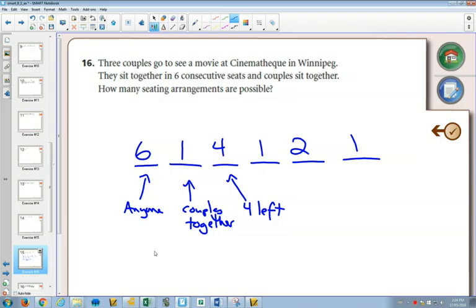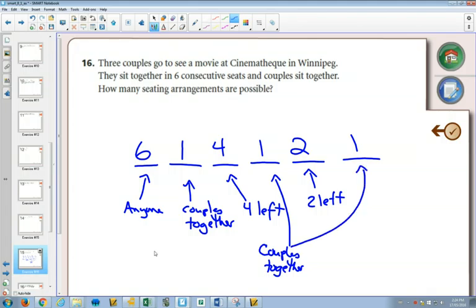Then there's 4 left. And then this one is 1 because the couples have to be together. Two left. And then the couples are together again. So there's an explanation of how it works.